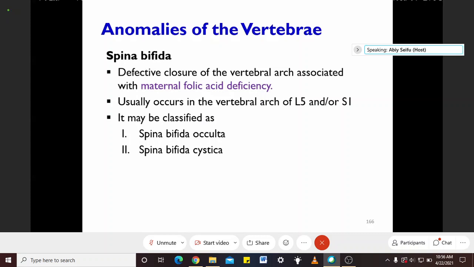Spina bifida means there is a failure of fusion of the spinous process, generally the vertebral arch, which is related to folic acid deficiency in the mother.